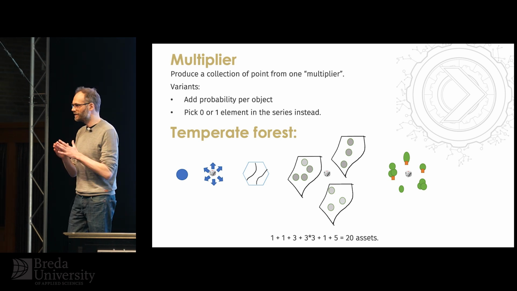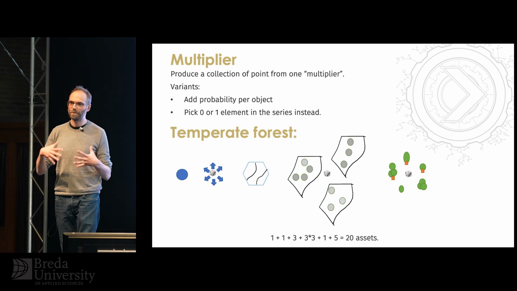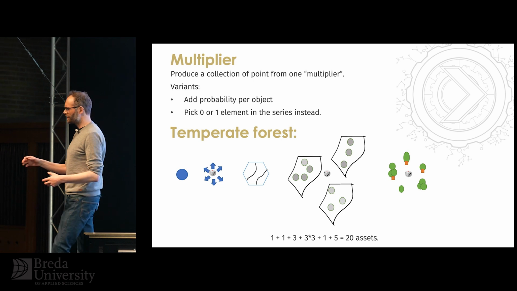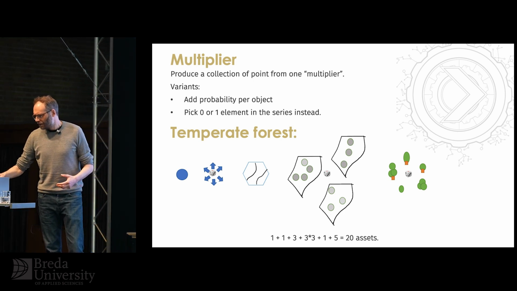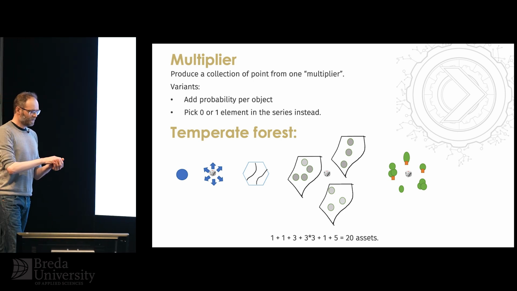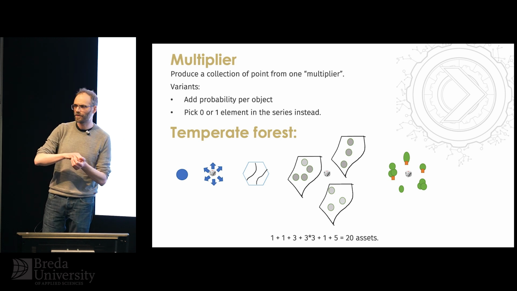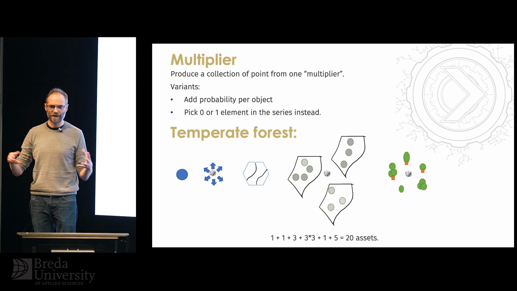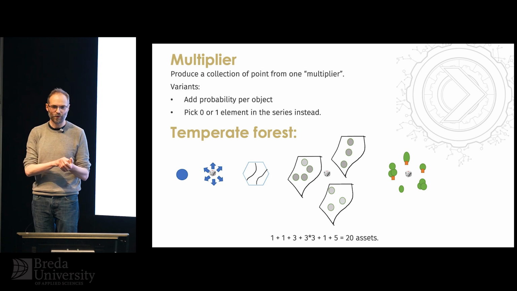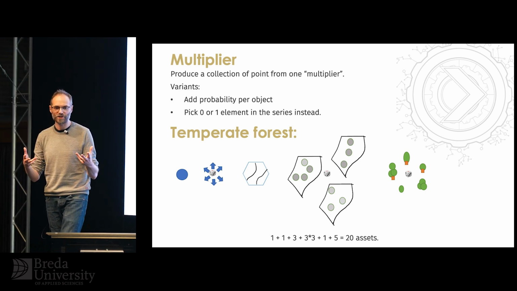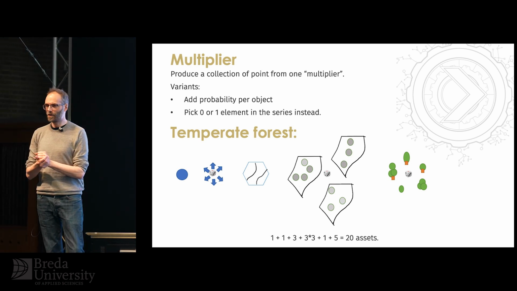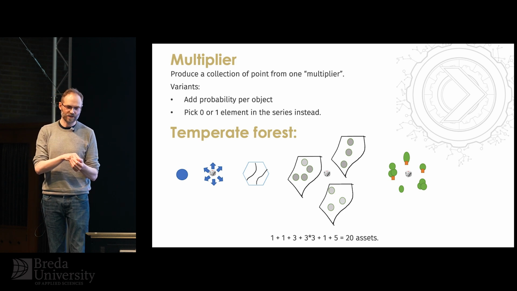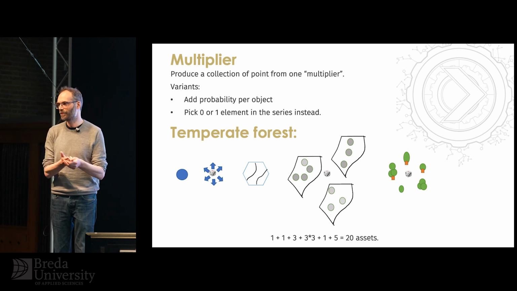The first one, the easiest, is the multiplier. It takes points and produces a new collection of new points. Obviously, it takes into account the scale, the rotation, and the position.